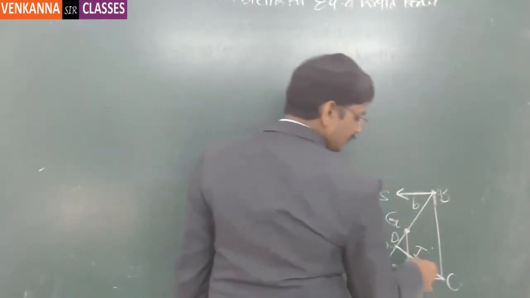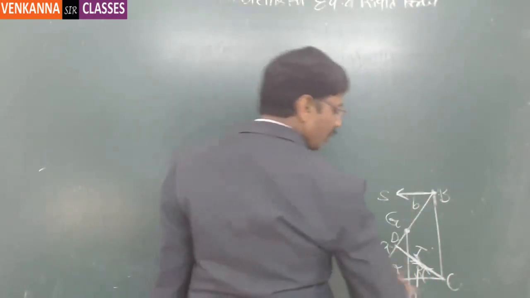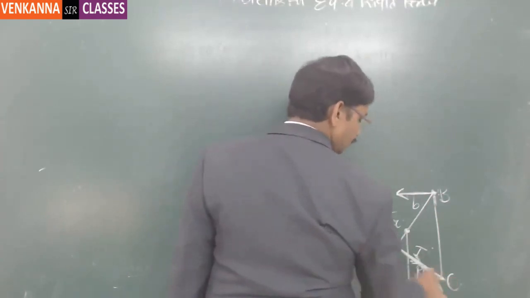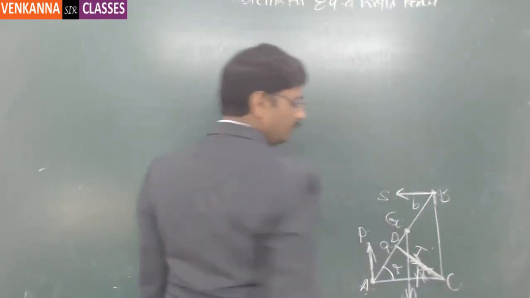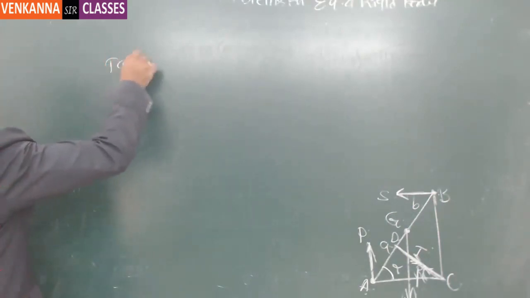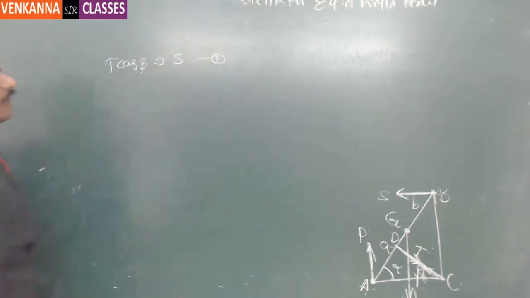Obviously this tension is to balance this normal reaction. So the horizontal component of this force, this is T, and this angle is beta, so T cos beta. T cos beta is equal to S. So this is equation number 1.